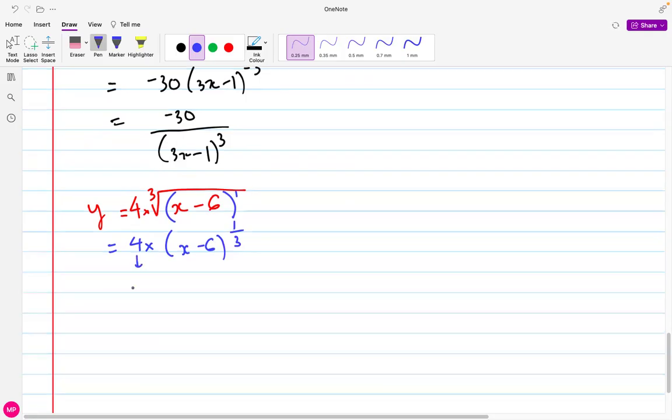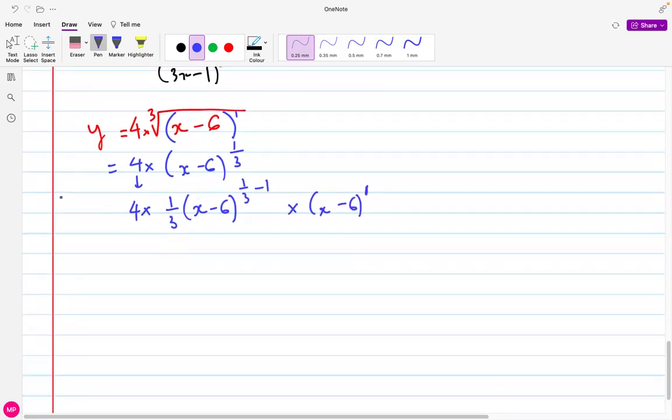So 4 is a coefficient, keep the 4, and then 1/3 you bring to the front, and then you write f(x), which is (x − 6), and then you take one off the power, 1/3 minus 1, and you times by the derivative of x − 6.